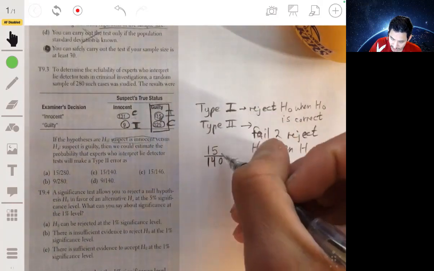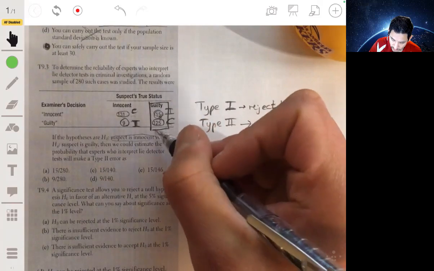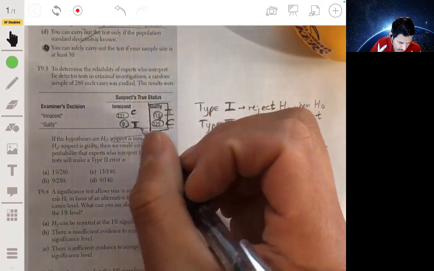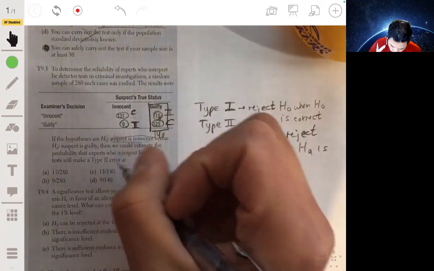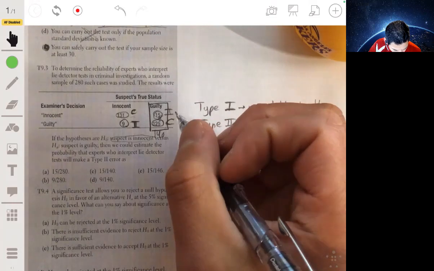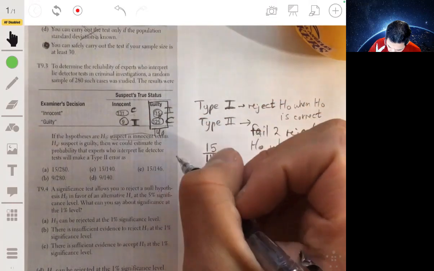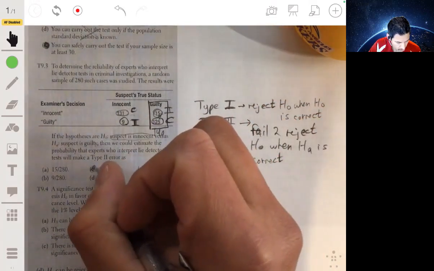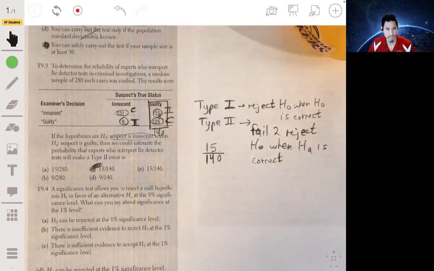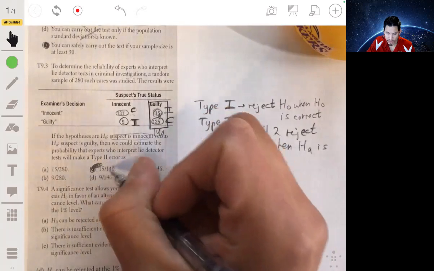So the probability of making the type 2 error is 15 out of 140, because we only care about this column. So our answer would be 15 out of 140, C. There we go. I don't know why I blanked out there, 15 out of 140.